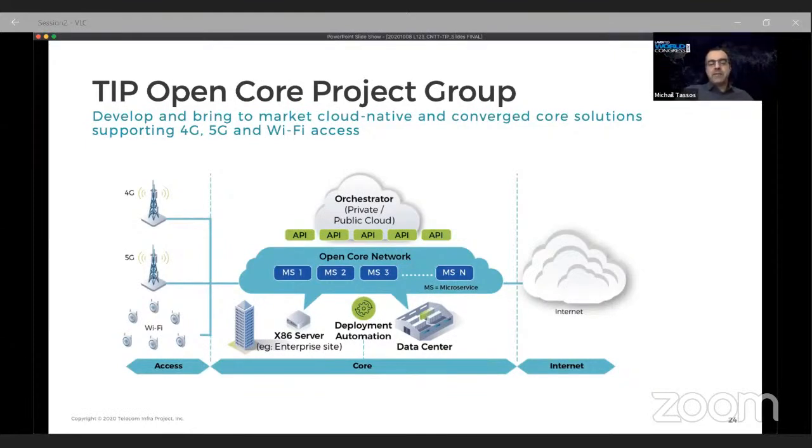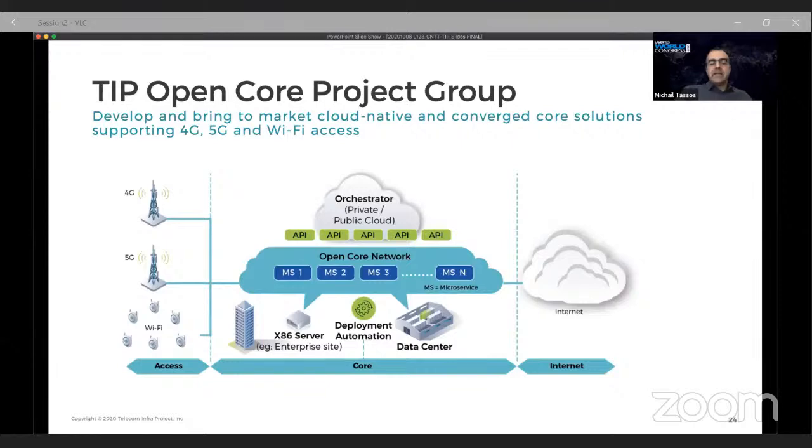So from the TIP perspective, first of all, if I look at the CNTT membership and all the logos on the slide, we have a lot of members in common. A lot of the operators and the OEMs and the SIs are basically the same companies. So I think that makes things easier, right?